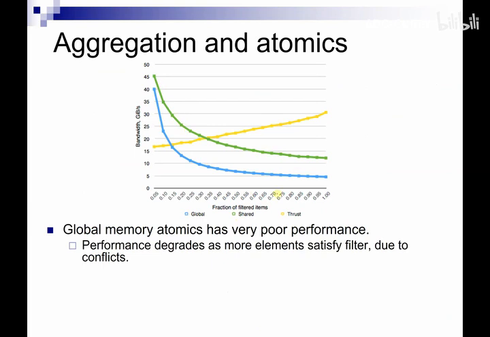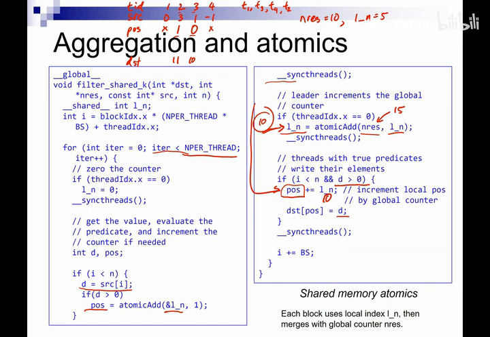The x-axis here is the percentage of filtered items, meaning the percentage of positive items. The more positive items there are, the more contention there's going to be on these synchronization operations, on the atomic operations. For example, if all of the items are positive, there's going to be a lot of contention on this atomic add over here.